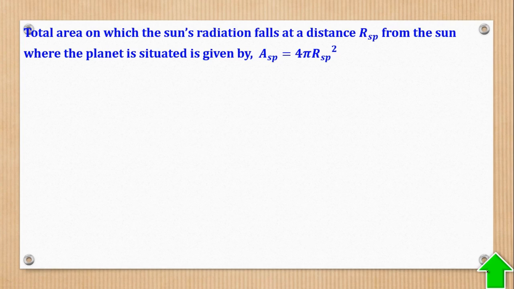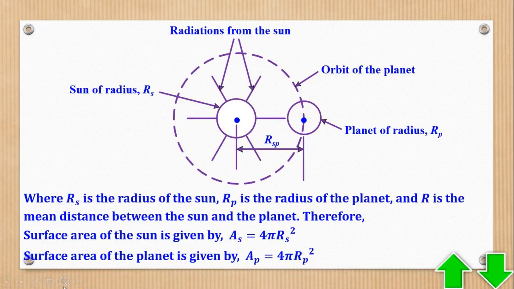If you go back here, the sun emits a radiation band, and all these radiations are received by this sphere. That is what we call the total radiation, and the area over which it is received is Asp, which is 4 pi Rsp squared.